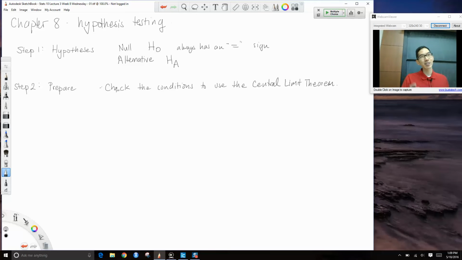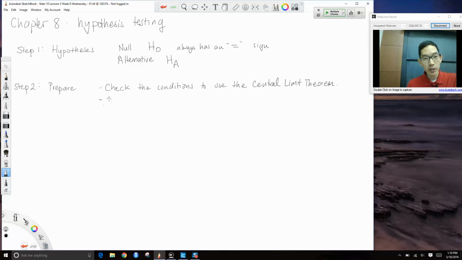So it's hard to do that, so I've separated it out, and I have one section where you check the conditions yourself, and you did that on the midterm. Most of you did very well on those problems, and then I'll have questions on whether you can do the process where the conditions are met. So under step 2, you check the conditions to use the central limit theorem.